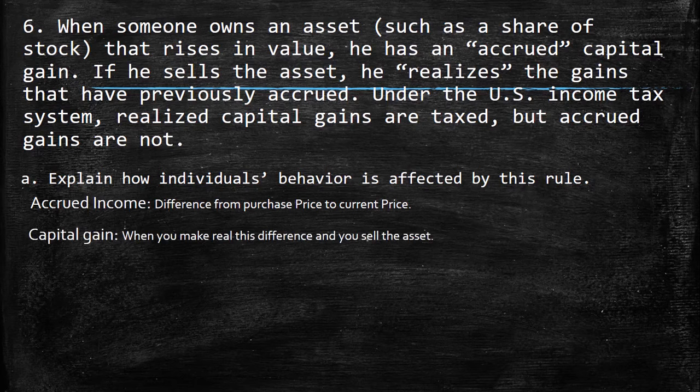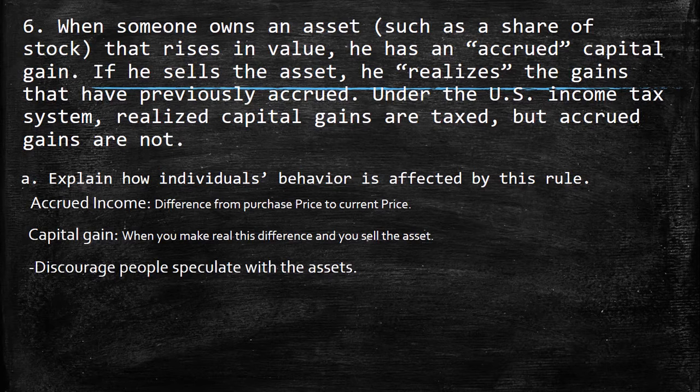And the other part, the capital gain, is when instead of keeping the asset, you sell it. So when you realize the value, it is at this time that it is going to be taxed.